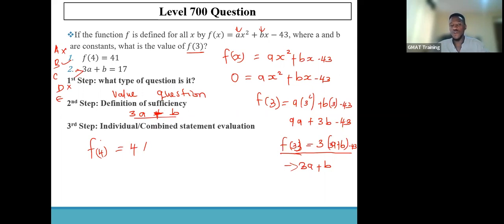If a student didn't follow this path and went ahead and just began solving the problem, they would end up in a situation where they have two equations, which would then lead them to even consider combining the statements, and probably they wouldn't end up with the correct answer. And in most cases, students would end up choosing choice C, which states that both statements together are needed, whereas actually that is not true.